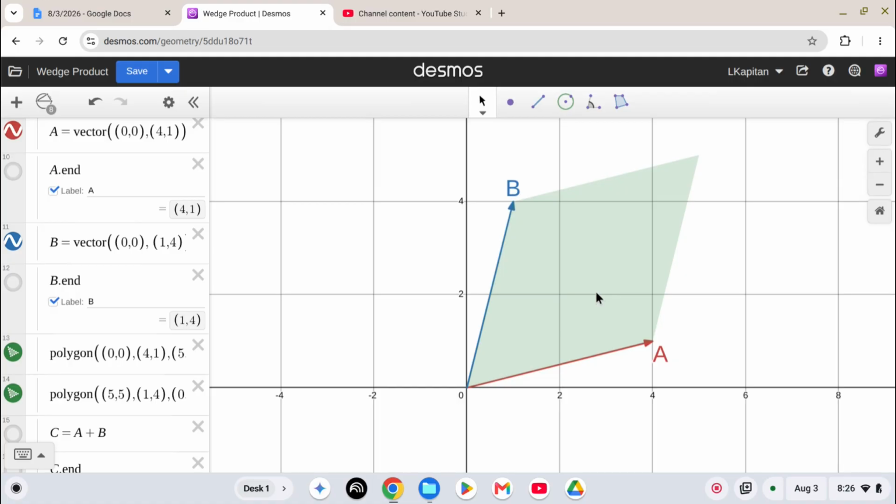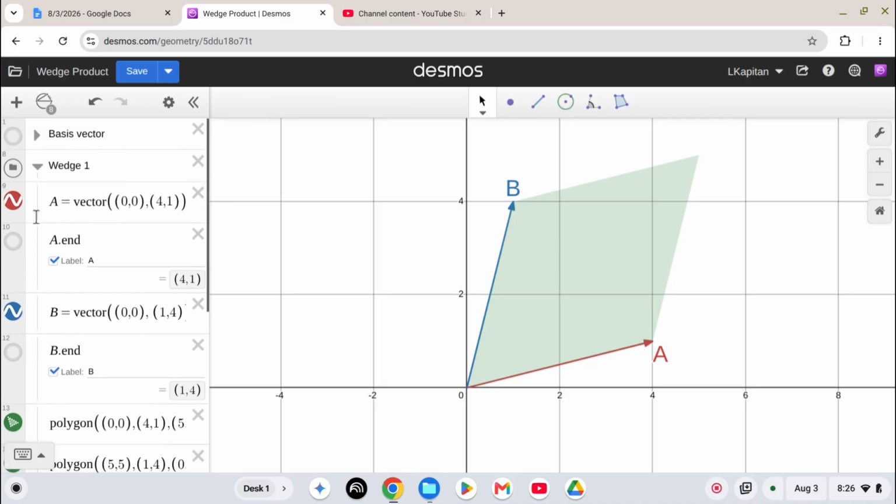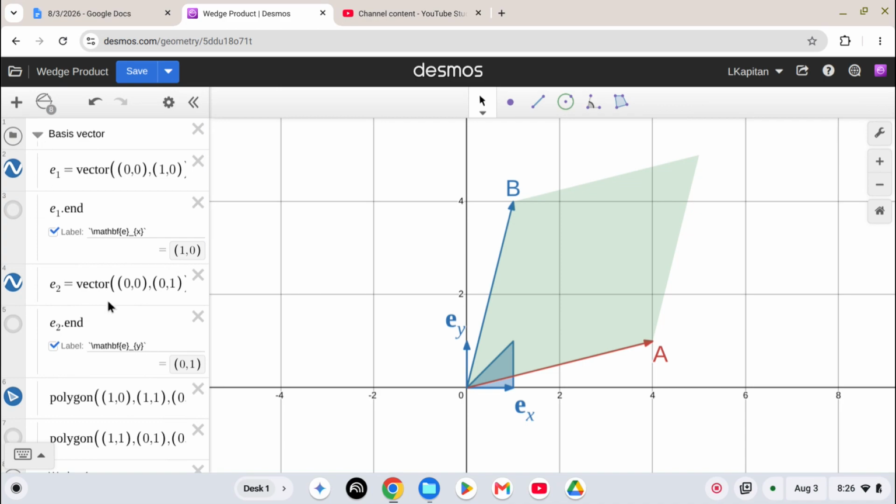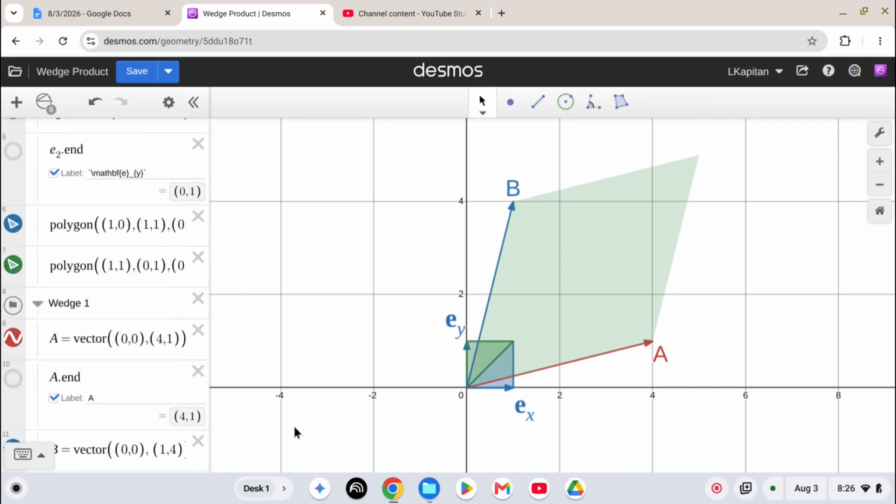My claim is the area of this is 15, because we saw from the basis vectors that this was a unit bivector, so it's just area equal to 1. So I'm claiming there are 15 of these unit bivectors inside this parallelogram.